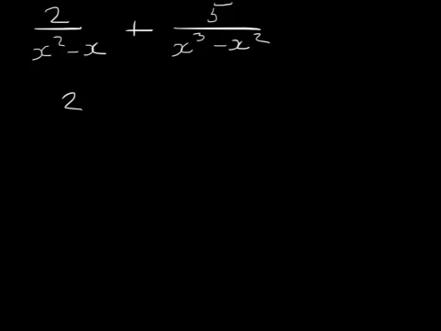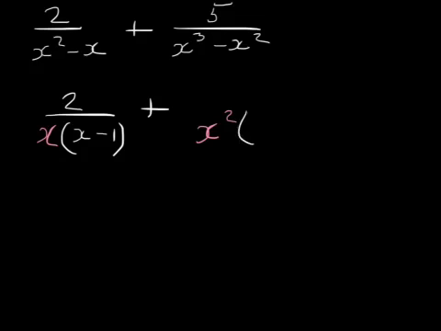So we'll leave the 2 on the top, take out x as our common factor, leaving us with x minus 1. Plus, let's have a look at the second fraction. Here I have 3 x's and here I have 2, so what is common is the 2 of them, and I'm left with x minus 1 and 5 as a numerator.